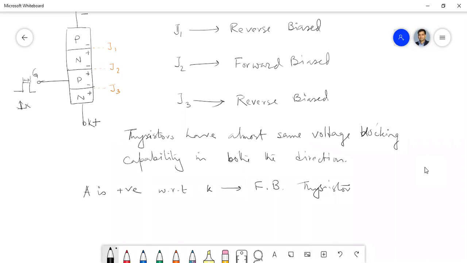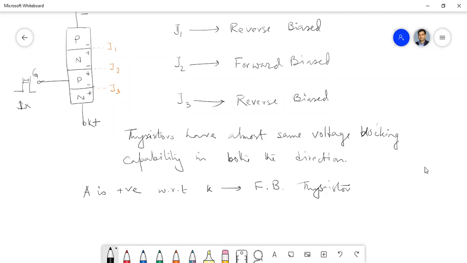So if we apply a voltage pulse at the gate terminal with respect to the cathode, obviously, because the reference is the cathode, and the anode voltage is positive with respect to the cathode. Here also we have to apply some gate to cathode voltage. The pulse will be with reference to the cathode.